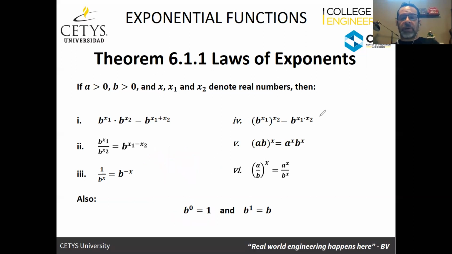A few other laws are important. If I have a mathematical expression with an exponent that's elevated to another exponent, then the exponents are multiplied. So for example, if I have 2 to the 3, and this is elevated to the power of 5, then the numbers are going to multiply, and this is going to be equal to 2 to the 15.